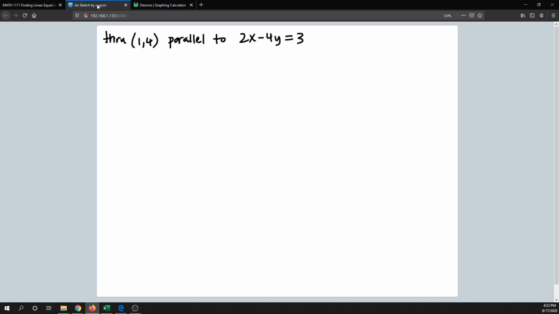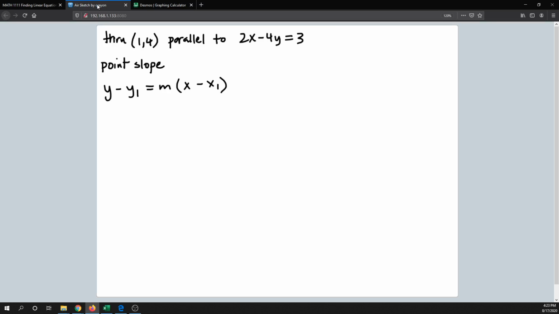So what we're going to do is start with the point slope form of a line. The point slope form of a line is y minus y1 equals m times x minus x1.